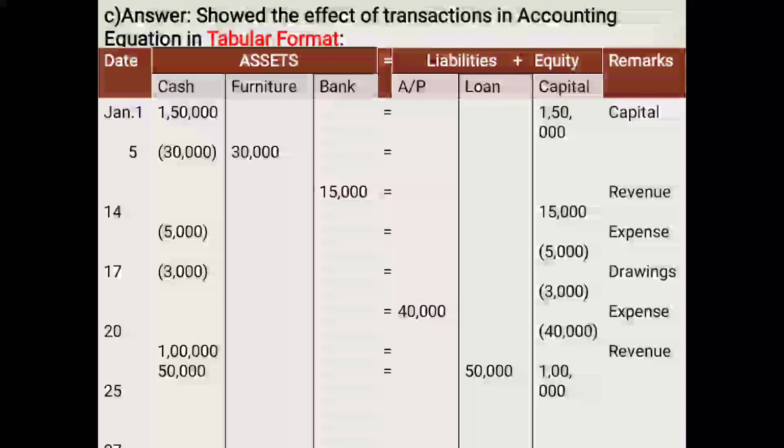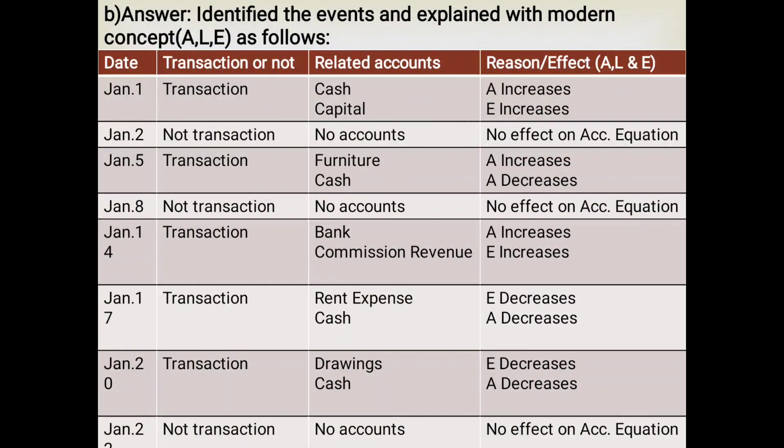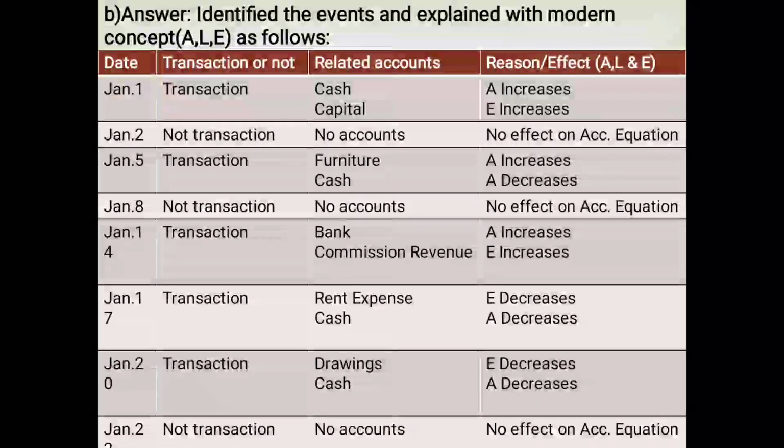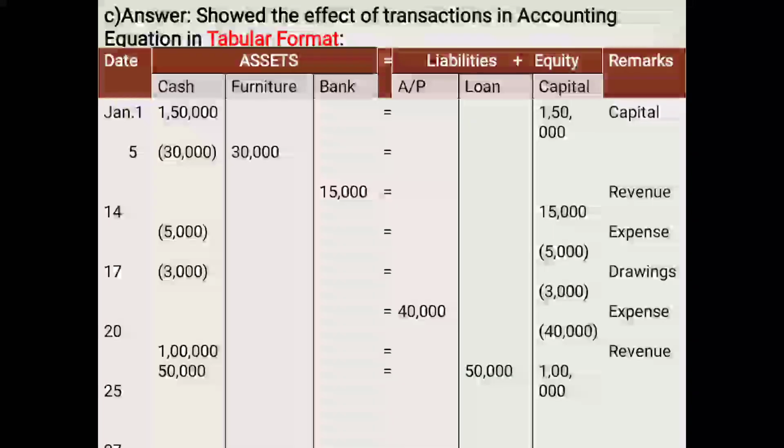Next transaction is 17. Rent paid, for taka 5,000, that is 20. For the rent expense, taka 5,000 cash has gone.